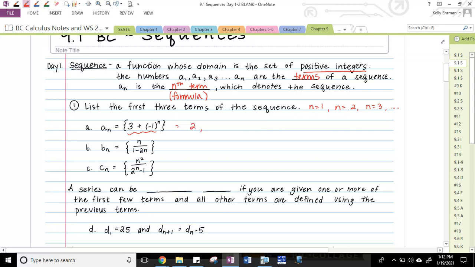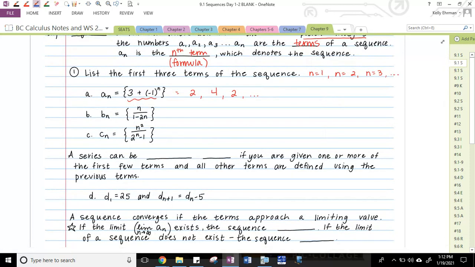Comma. If you plug in 2, you get 3 plus 1, which is 4, comma. You put in a 3, 3 minus 1, 2, comma, and then you just do dot, dot, dot to show this sequence can go on forever. And I can tell here it's just going to be 2, 4, 2, 4, 2, 4, et cetera.